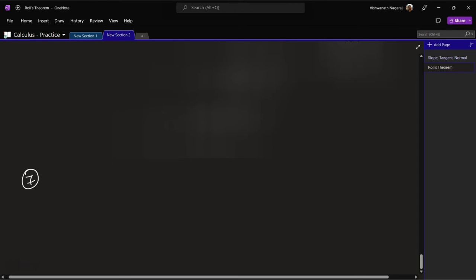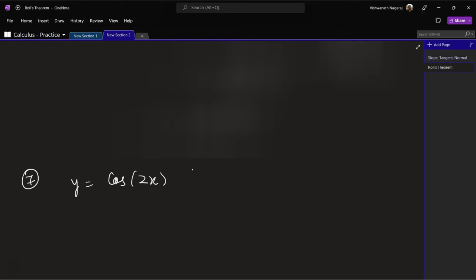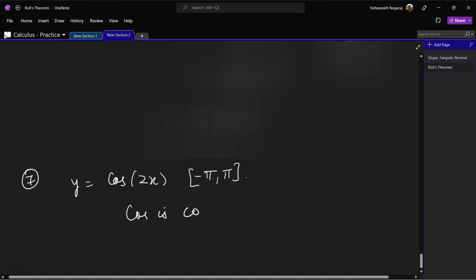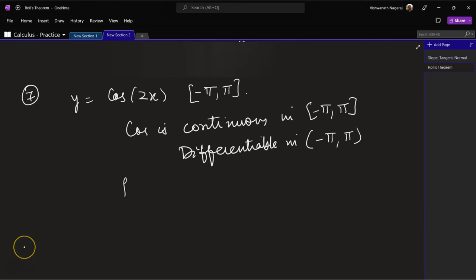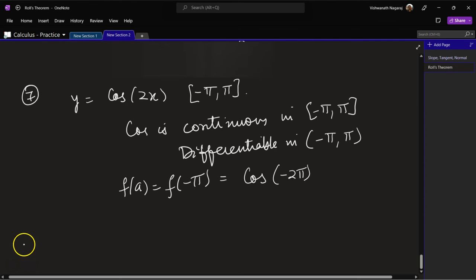Seventh one, y is equal to cos 2x in the closed interval minus pi to pi. Cos is continuous in the closed interval minus pi to pi, and is differentiable in the open interval minus pi to pi. Now let's figure out f of a, which is f of minus pi, which is equal to cos of minus 2 pi, right?